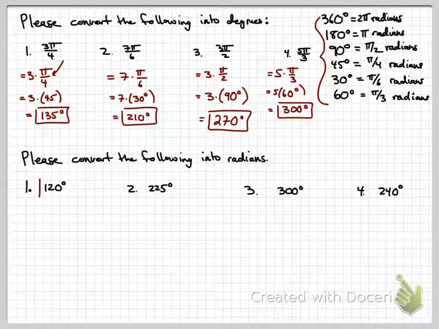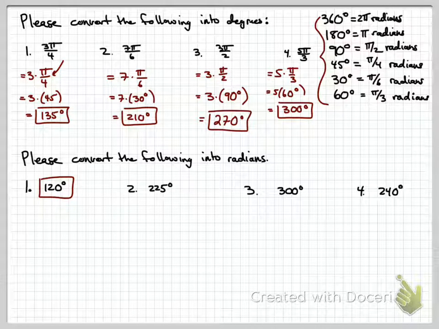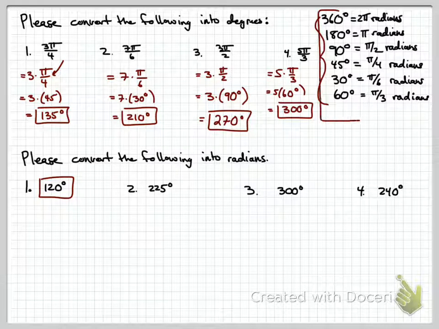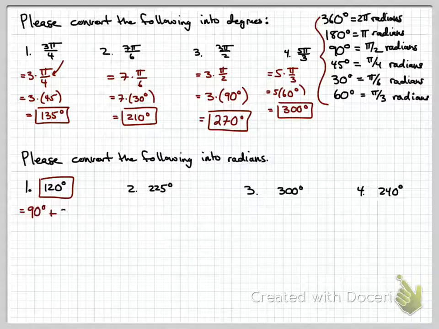So when I see 120 degrees, I say, how can I make 120 out of any combination of these? And we got a lot of options. For instance, some people like to say, you know what? This is equal to 90 degrees plus 30 degrees. Some people say, you know what?